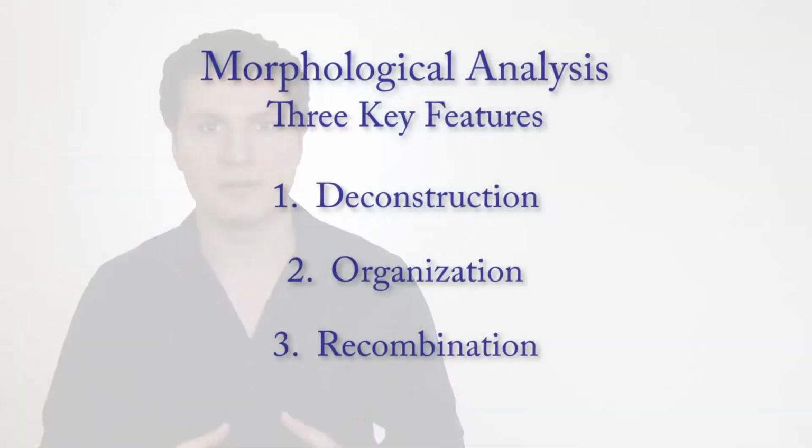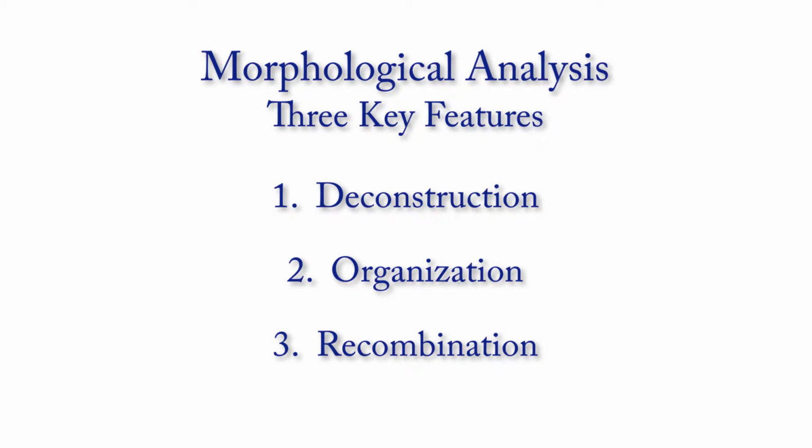Morphological analysis has 3 key features: deconstruction, which is the recognition of components, parameters, or characteristics; organization, which allows for a thorough and wide-angle perspective and a systematic and expansive approach to creative problem solving; and recombination, which consists of forming new associations and combinations.